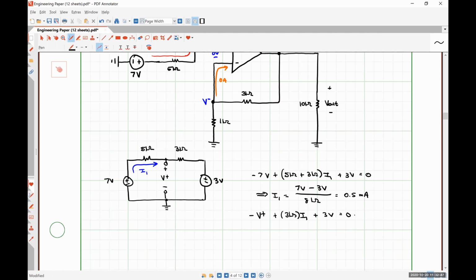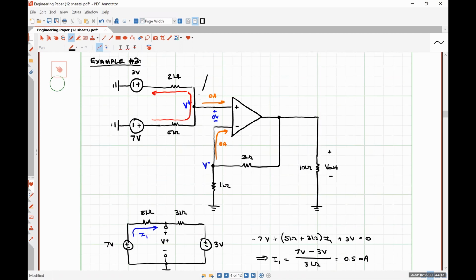And if we substitute in our value of I1, that gives us V plus is equal to 3 kilo ohms times 0.5 milliamps plus 3 volts, which would be 3 times 0.5 plus 3 is 4.5 volts.